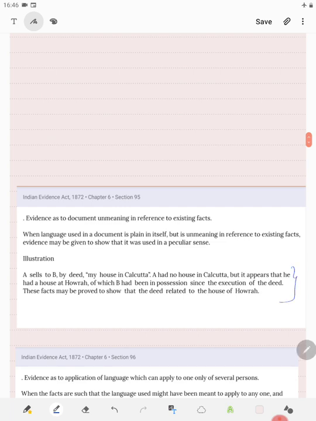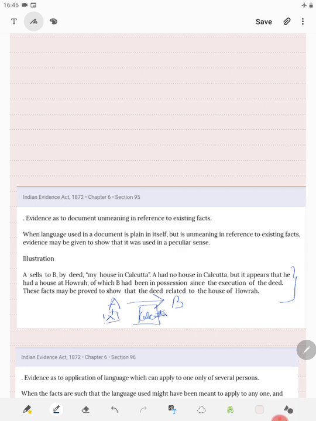The example is that A sells to B his house, and in that document he says, I sell to you my house which is at Calcutta. But the thing is that A has no house at Calcutta.